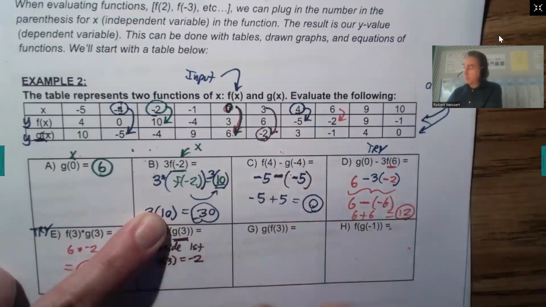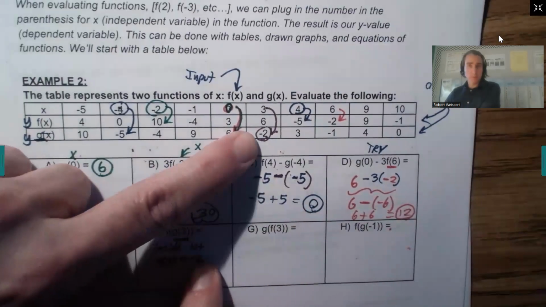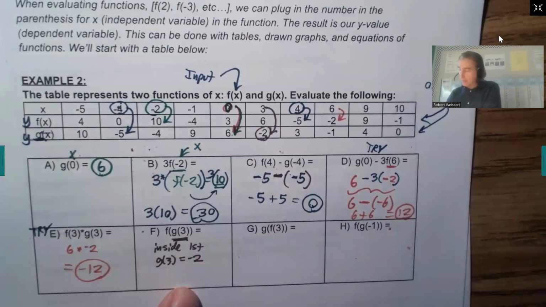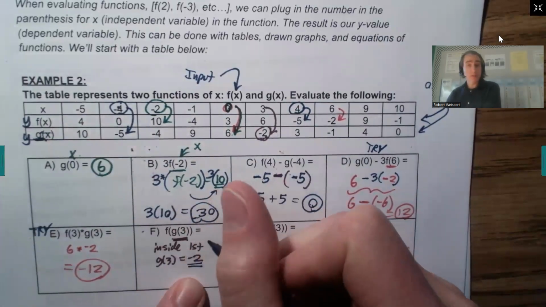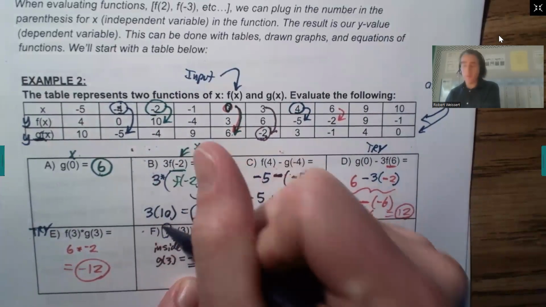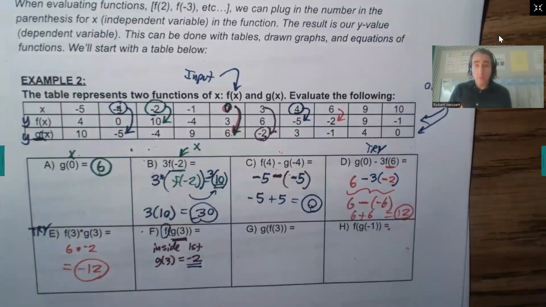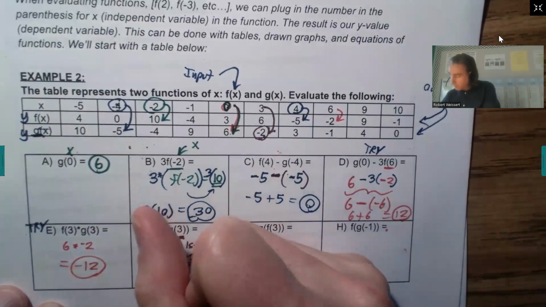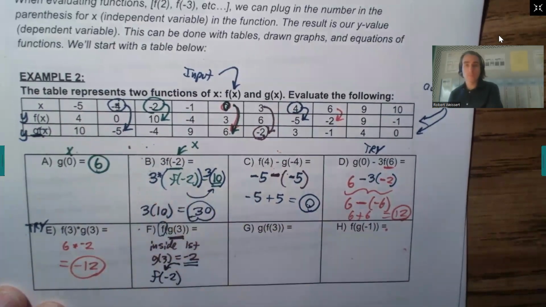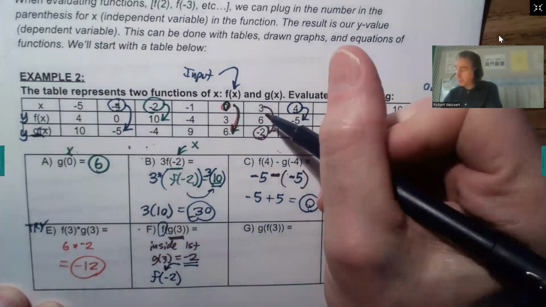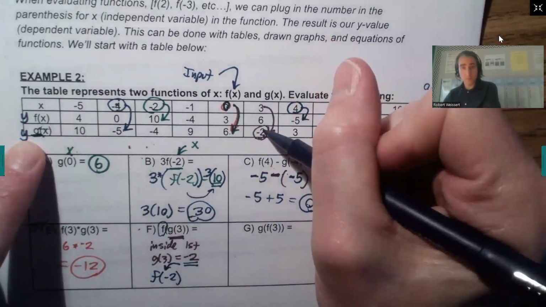The next thing we do is we take our output from g of 3, and that's going to be our new input into the f function. So that's going to become f of negative 2. So once again, g of 3 is negative 2.